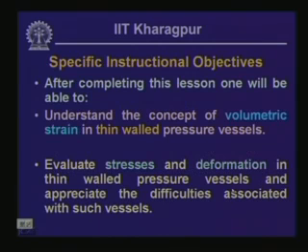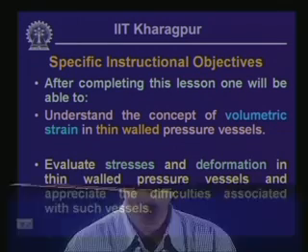It is expected that once one goes through this particular lesson, one should be able to understand the concept of volumetric strain in thin walled pressure vessels. In the previous lessons we had looked into some aspects of cylindrical pressure vessels and spherical pressure vessels, and how the strains are generated when they are subjected to internal pressure.